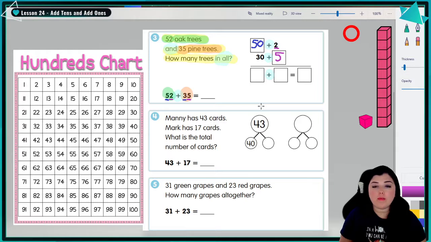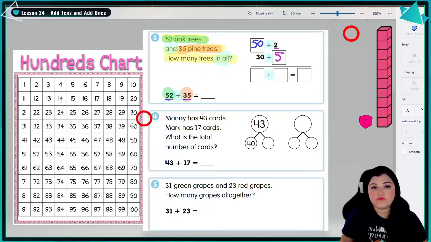Now I want to add my tens together and then my ones together. So when I look at my tens, I have 50 plus 30. So if I have 50 plus 3 more, what number does that make? Let's see. So we start off at 50, and then 3 more, because we want 3 from our 30.